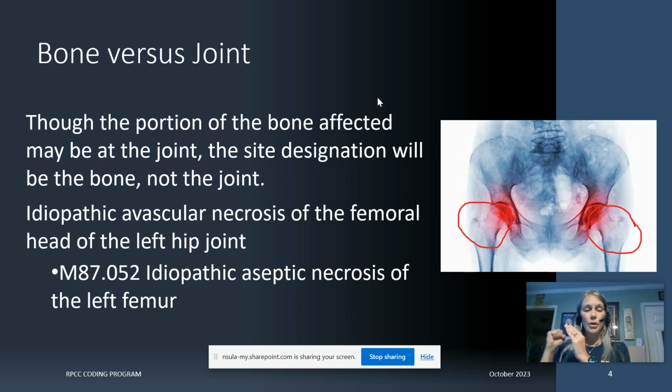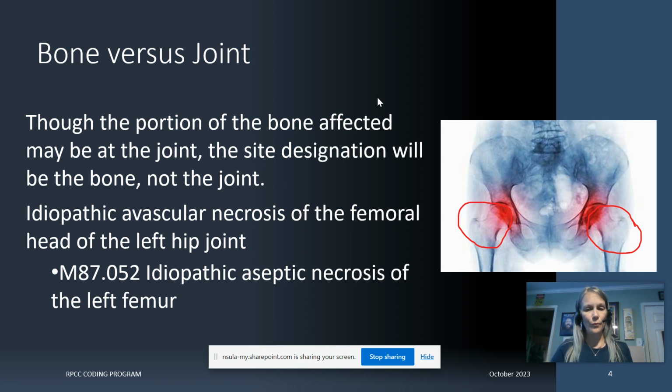So your necrosis is actually in that bone, that left femur. So you need to remember when you're coding things of this nature that although a portion of the bone is affected, maybe at a site of a joint, remember where your disease process is. So necrosis is in the bone, and so your designation will be to the bone and not the actual joint.